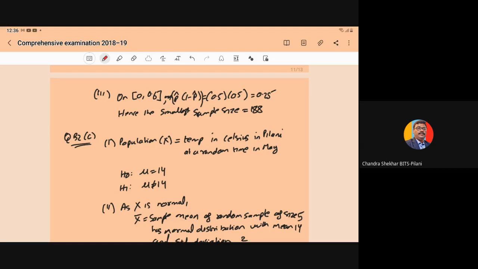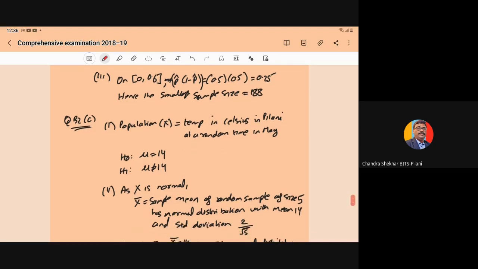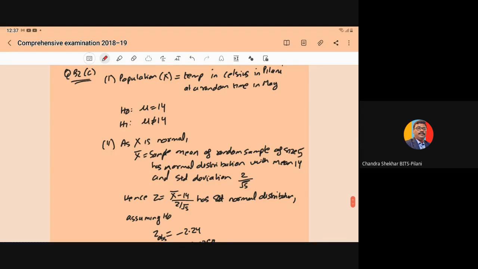So H naught will become mu is equal to 14. And it is given to you X follows the normal distribution. So x bar, the sample mean from the normal distribution, also follows the normal distribution with parameter mean equal to the same mean, that is 14, and standard deviation equal to the standard deviation of the population divided by the root of the sample size.